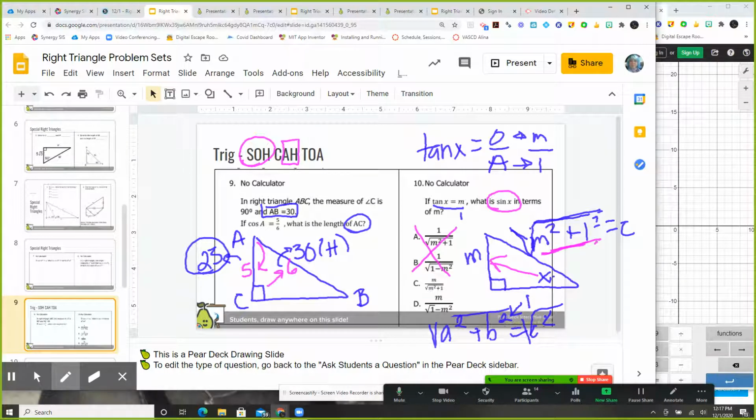Which one matches? Plus 1? Boom. So sometimes the scariest looking ones are not the most complicated. It was still pretty complicated, but I don't think it was the most complicated. Maybe it was.